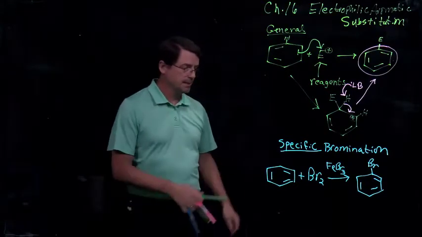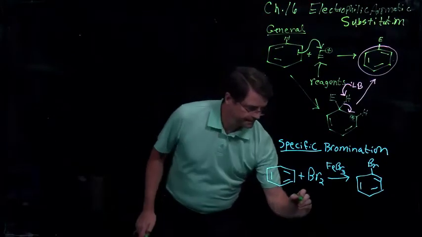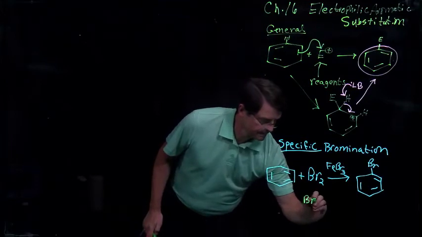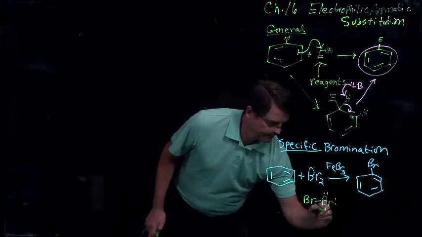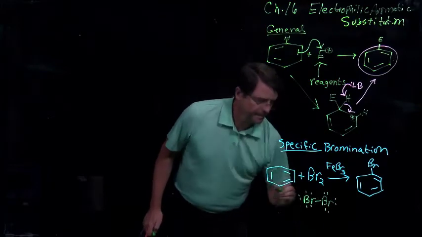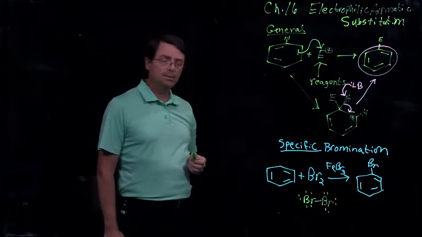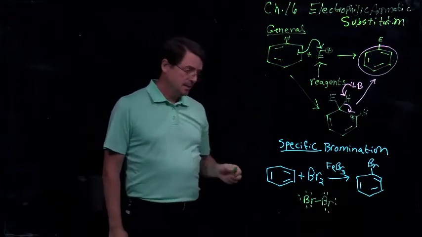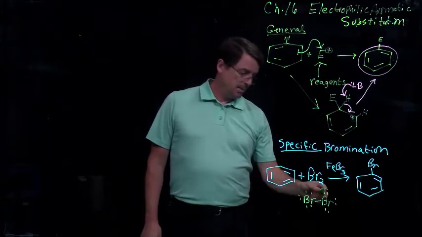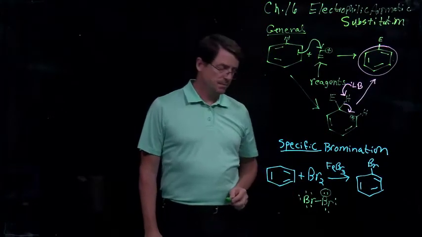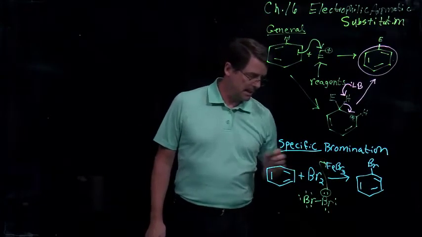We're going to look at the mechanisms of these. And for Br2, there's our Lewis dot structure, and of course Br2 is a Lewis base, right? What's the definition of a Lewis base? A lone pair donor. So that lone pair reacts with the Lewis acid.